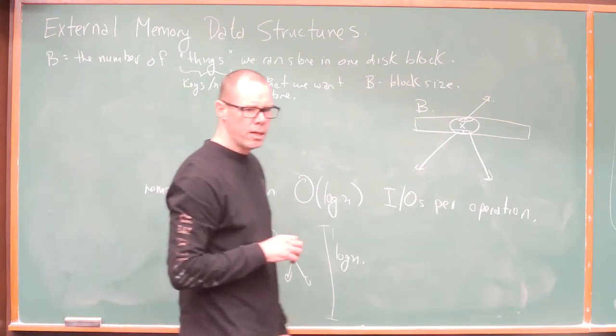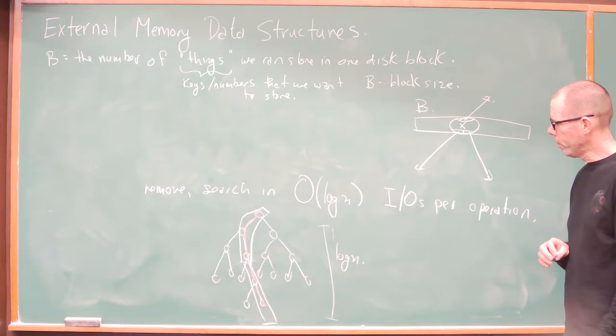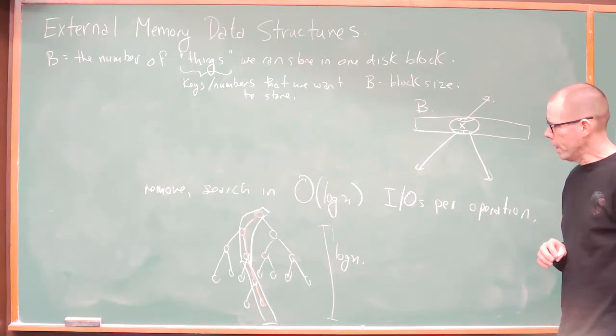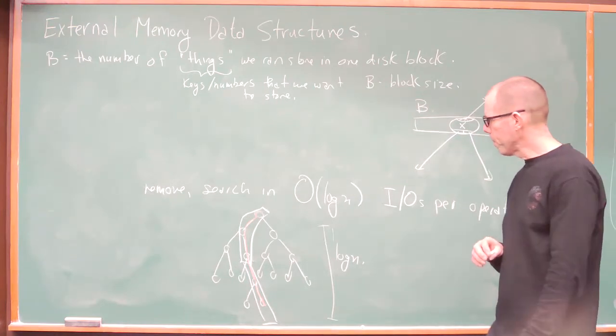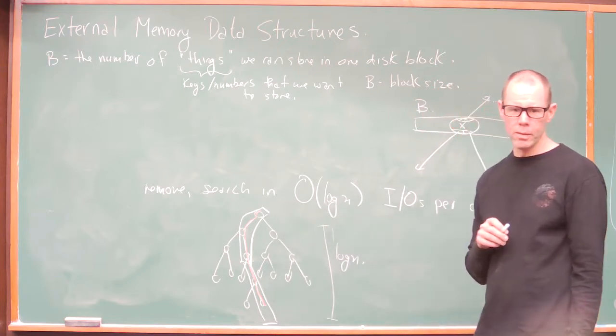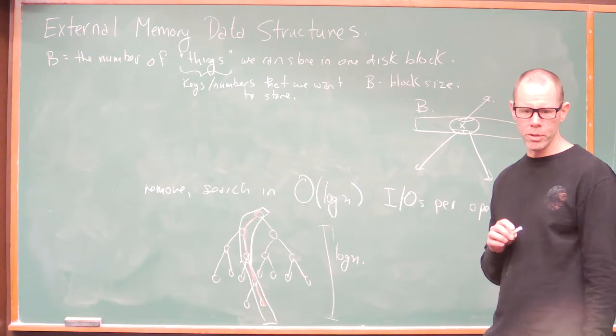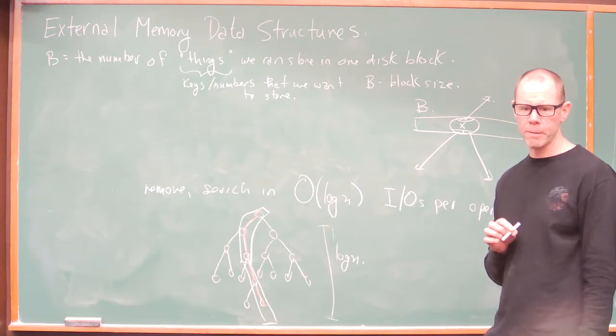Now, does anybody see an obvious reason, or it's not an obvious reason, but a difficulty in making this work? So is there some reason that this might be difficult to achieve, something that fast?